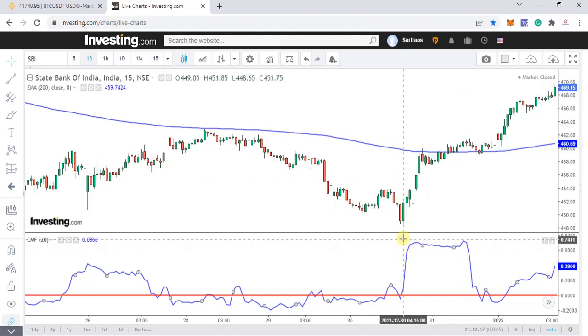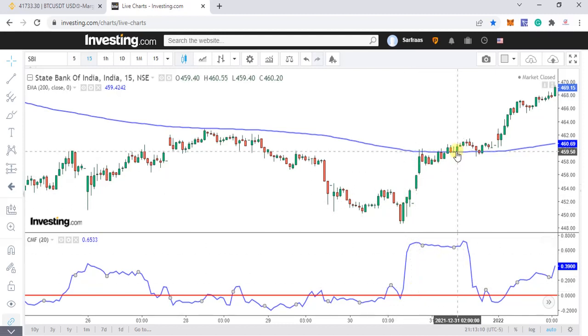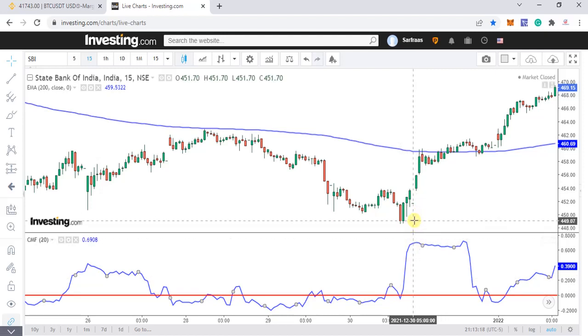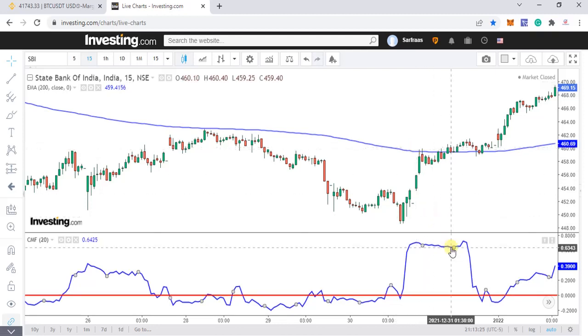For aggressive traders, they would take an entry over here, and for conservative people, who want to ensure their entry, you would take an entry above this. So here it has already given you a buy signal. You could have made a good profit from 440 to around 460.